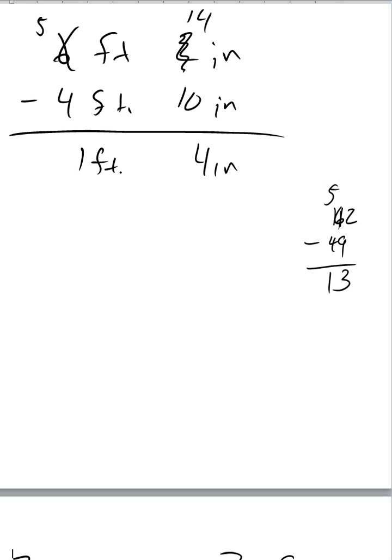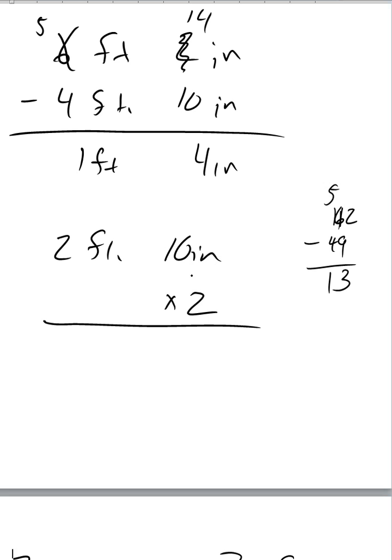So let's say I've got 2 pieces of pipe that are 2 foot 10 inches long, and I want to know how much total pipe I have, so I have to take that times 2. Well, 2 times 10 is 20 inches, and 2 times 2 is 4 feet. Well, that's great, but I can't leave it like this because you don't want to leave it as 20 inches.